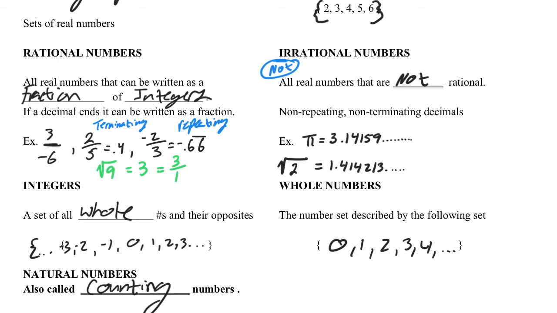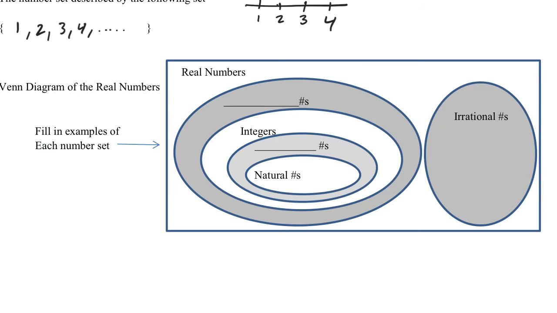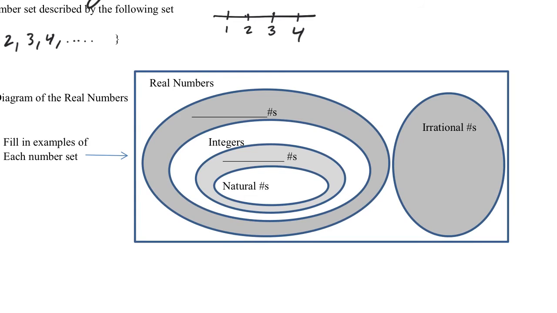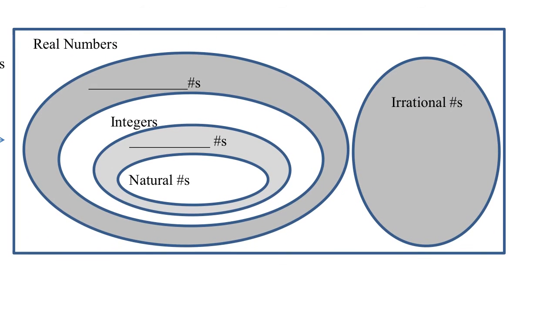A great way to represent these numbers and to help us remember where everything belongs is to take a look at a Venn diagram. Using a Venn diagram, we can classify these numbers in a super simple way.